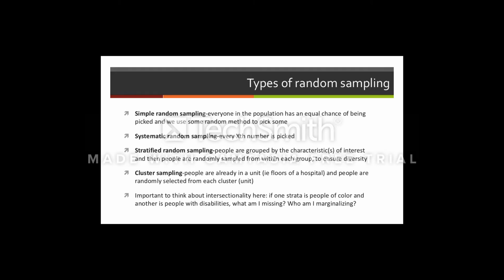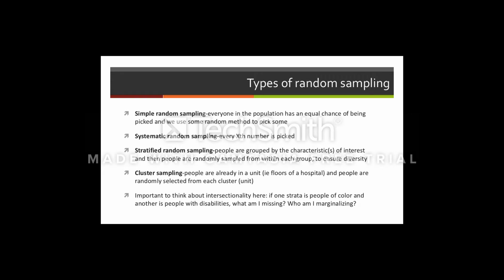Cluster sampling is a similar principle, but it's using groupings that already exist. Such as the floors of a hospital, or if you're doing a study at an agency where there are 5 case managers, and so people are already clustered into groups based on which of the 5 case managers they have, and then you randomly select 5 people from each case manager's caseload.